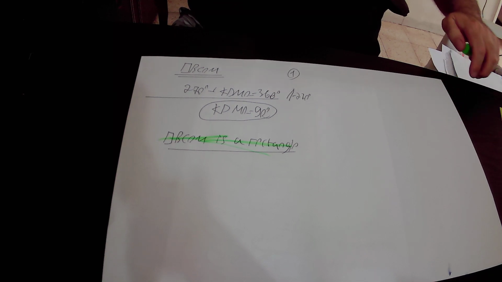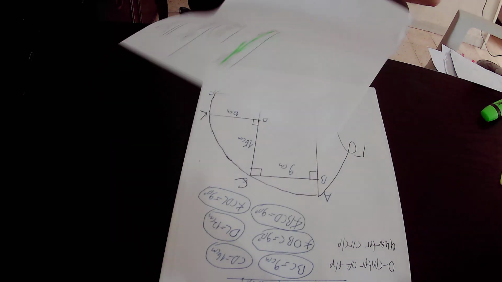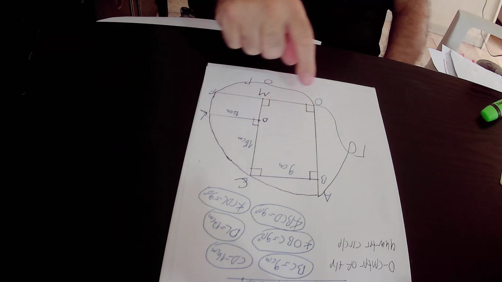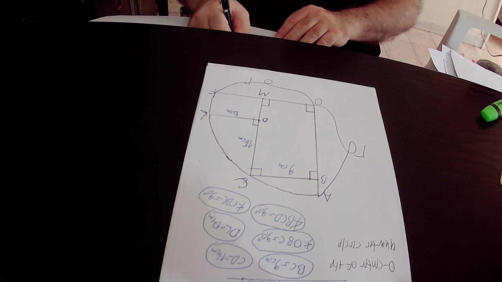And we know that the opposite sides of a rectangle are equal to each other. So in rectangle BCOM, side BC must equal side OM. Side BC equals OM.